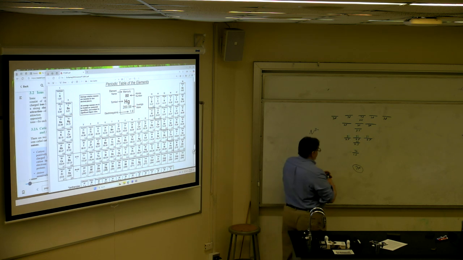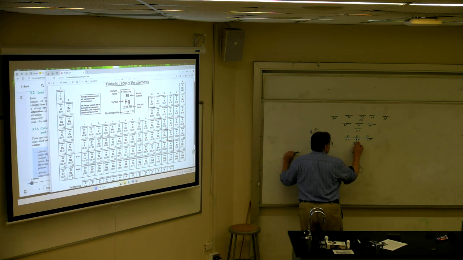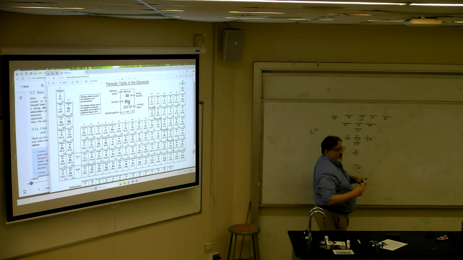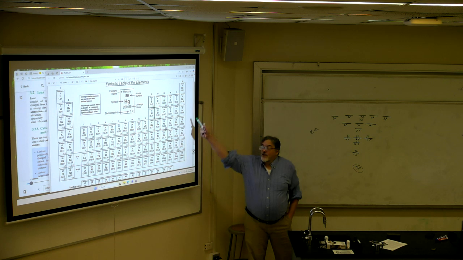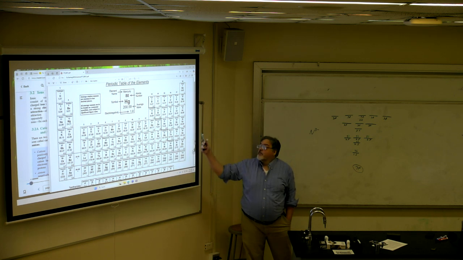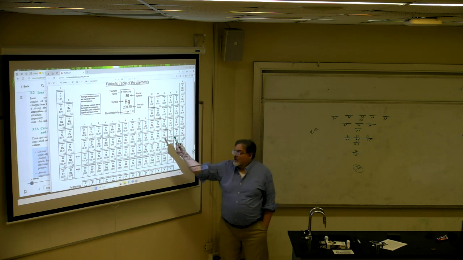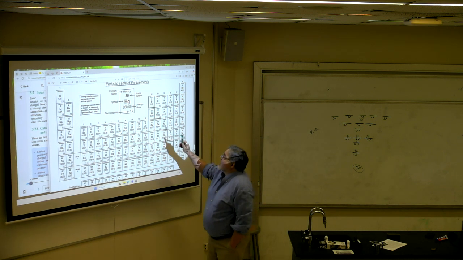In fact, it's got what we call the stable octet: 2, 4, 6, 8. The s and the p are full, which means 8 electrons. We call that the stable octet configuration. All the noble gases automatically have that. But this stable octet is what's being achieved when atoms become ions.